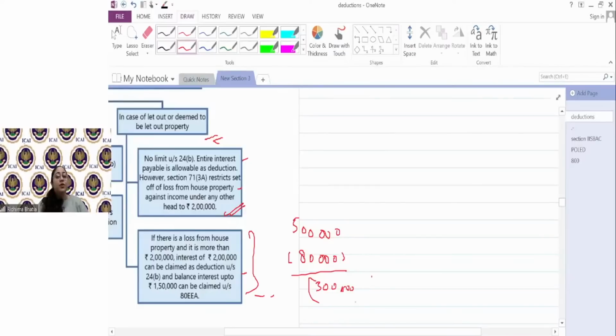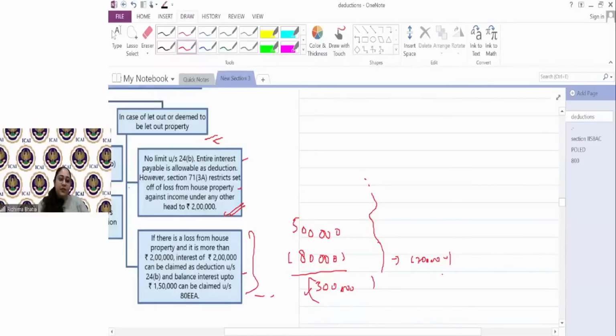The loss would be 3 lakhs, but you can only adjust 2 lakhs from other heads. So they have said that if such a situation arises where the net loss is coming more than 2 lakhs, and since the interhead adjustment restriction is that you cannot adjust more than 2 lakhs from any other head, it's better that instead of claiming 8 lakhs, claim up to 7 lakhs only here and claim the remaining amount in your 80EE.